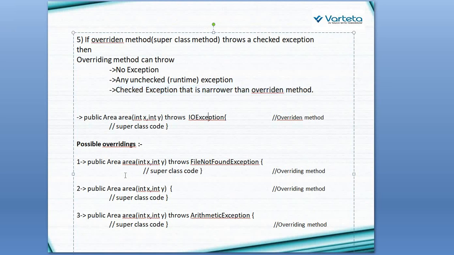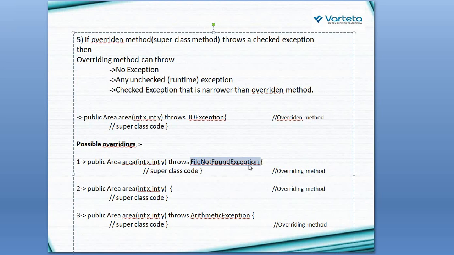That means the first rule says we need not throw any exception. The second rule says it can throw any kind of unchecked or runtime exception. Like here, ArithmeticException it can throw because it's a runtime exception. And the third rule is it can throw only a narrower exception. Narrower means a subclass of this IOException, which is the checked exception thrown by the overridden method. So any exception that is a subclass of IOException can be thrown by the overriding method.